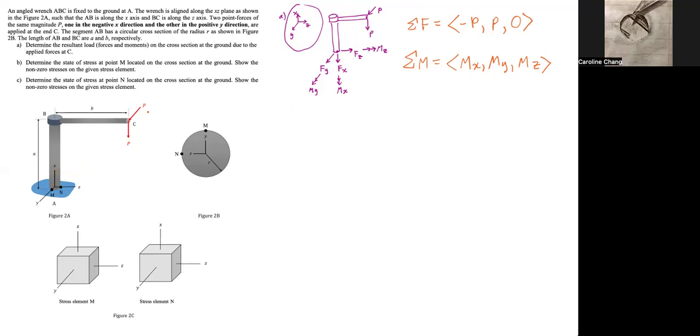So P will definitely cause a moment around x at a perpendicular distance of b. But this other P force will not cause a moment around x. So the only force causing a moment around x is this P force over here.